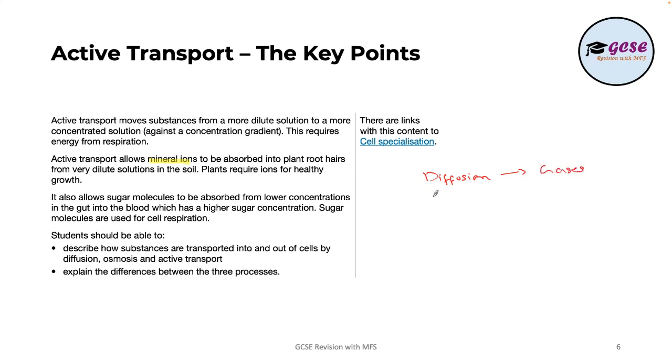We saw that osmosis was associated with water. Now we know that active transport is associated with mineral ions.